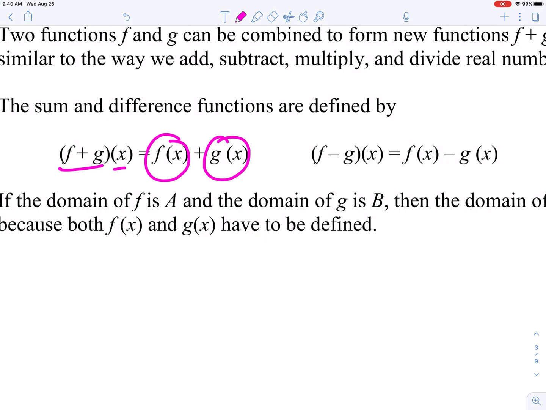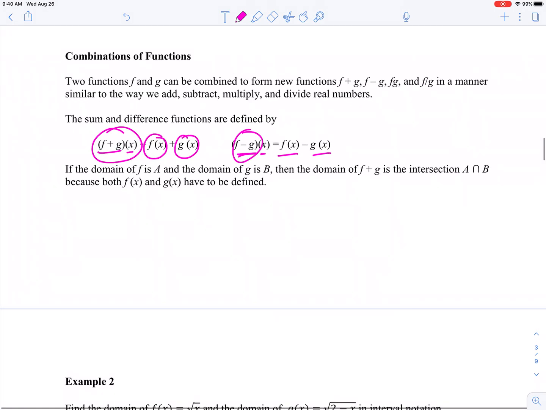It's extremely important. Very similarly here, f minus g of x is the same as saying f of x minus g of x. Of course, for addition the order does not matter, but for subtraction, order definitely matters. All right.